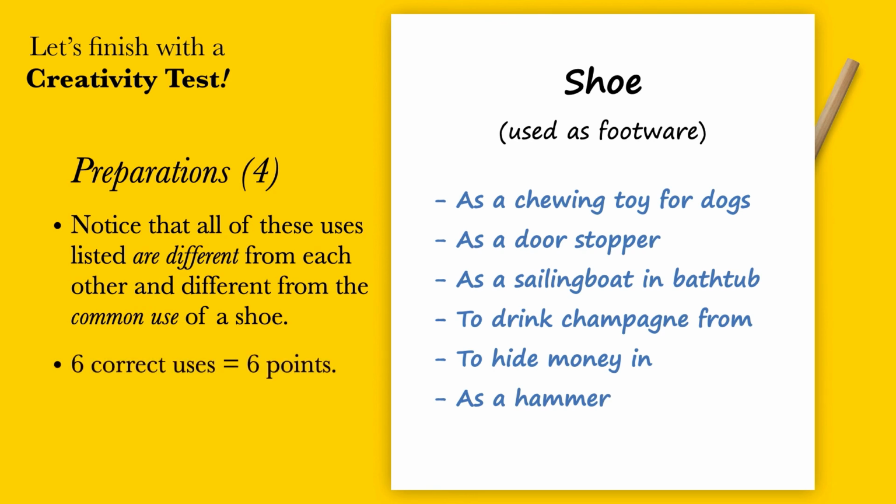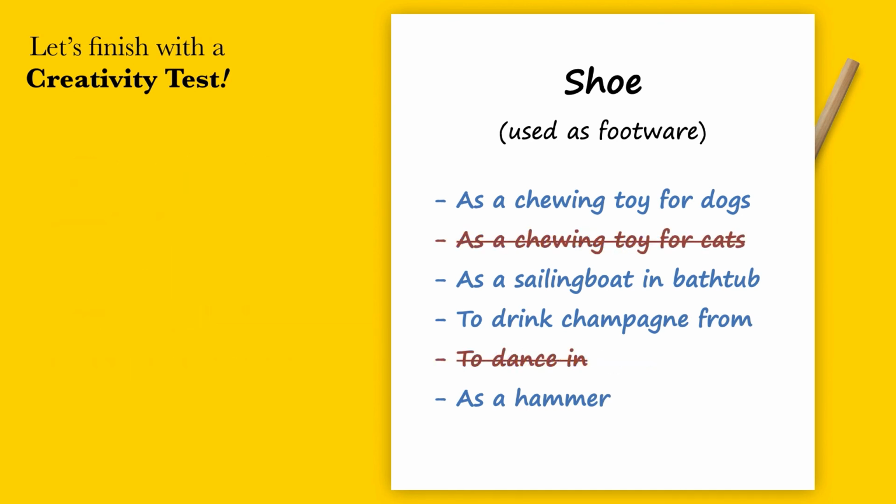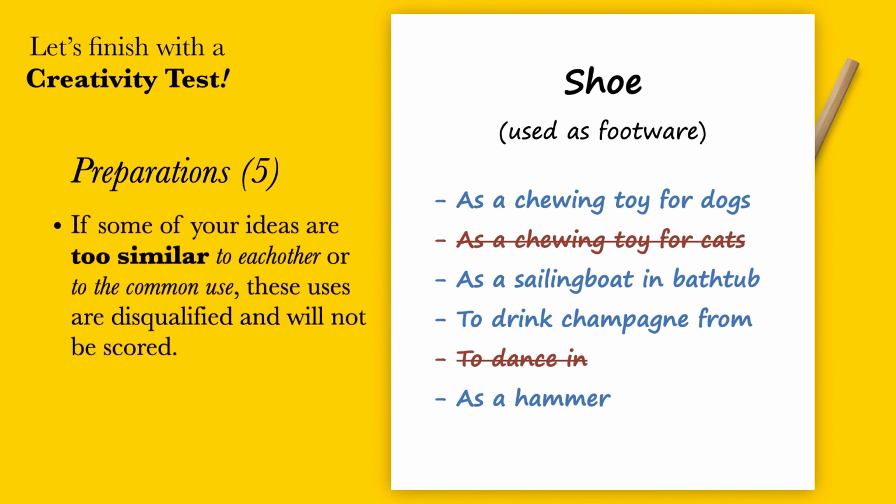And 6 correct uses is what you give. You also have to score yourself and give yourself points. 6 correct uses is equal to 6 points in this self-test. Here are some incorrect answers that will not give any credit. For example, if it's too similar to another use or to the common use, it's disqualified and will not be scored.